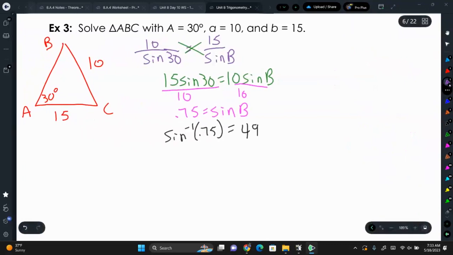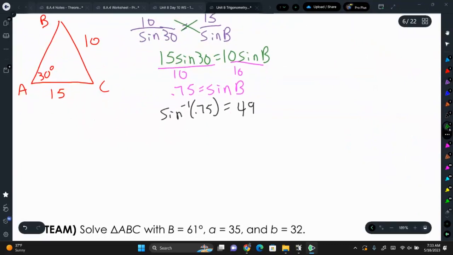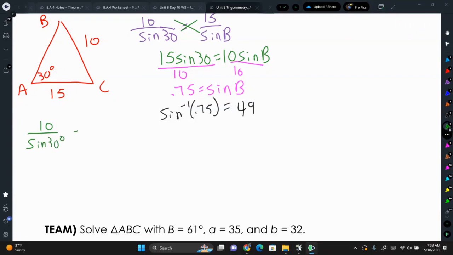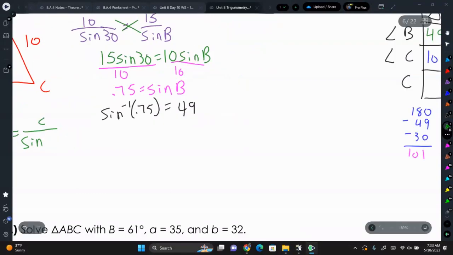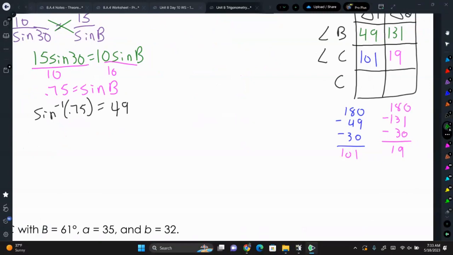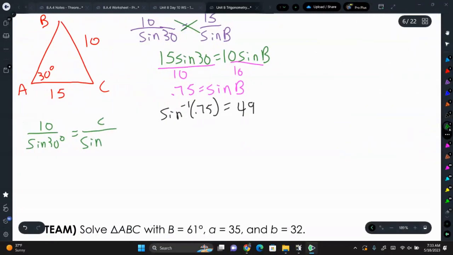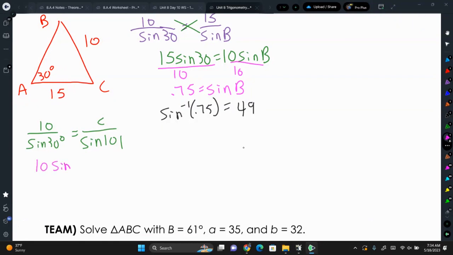All right, so then over here, I'm going to do 10 over the sine of 30 degrees equals C, because we need to figure out what side C is, over the sine of, and I'm going to work in triangle 1 first, so that's going to be 101. Now we're going to cross multiply, so it's going to be 10 times the sine of 101 degrees equals C times the sine of 30 degrees.